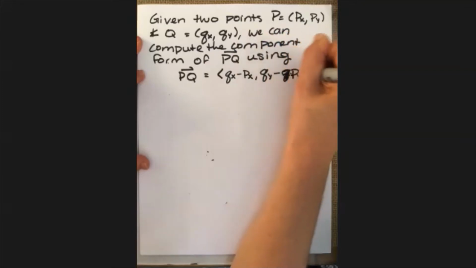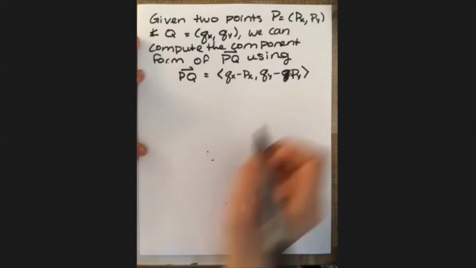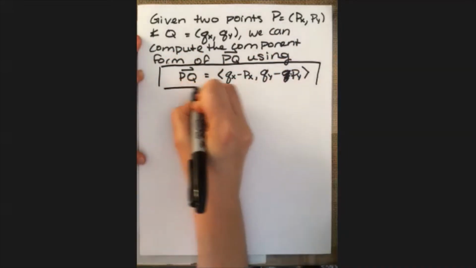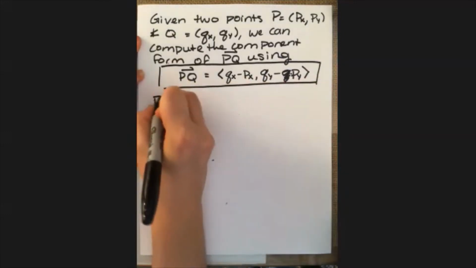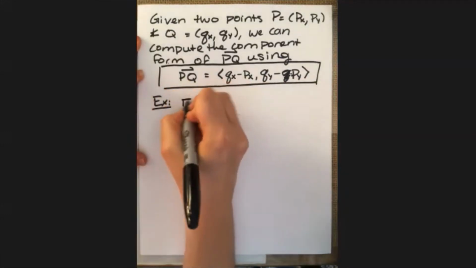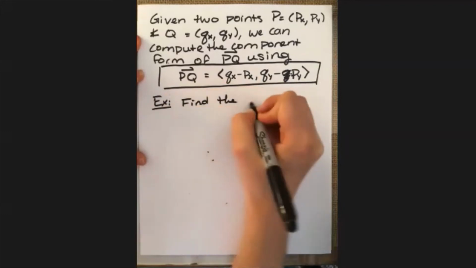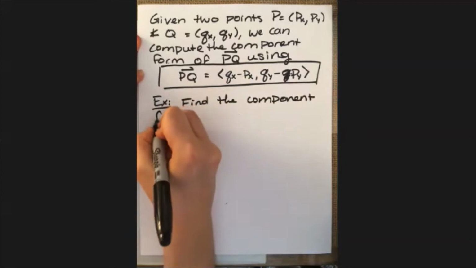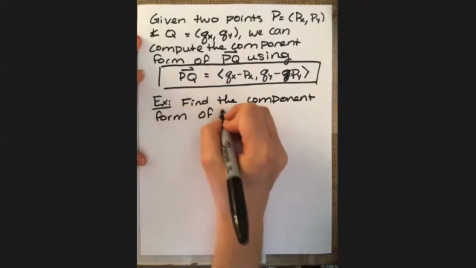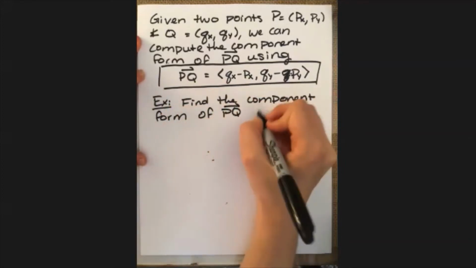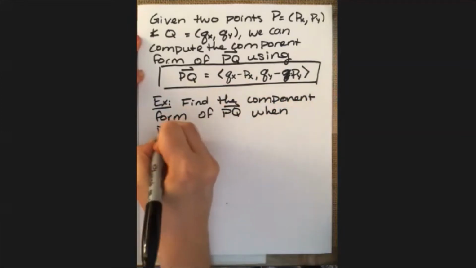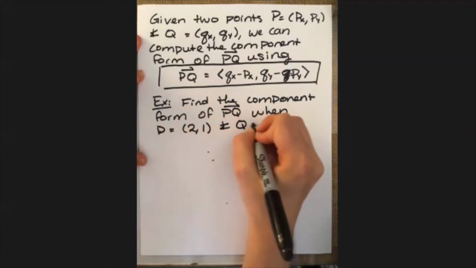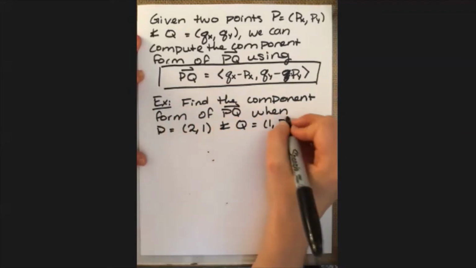That should be a P. There we go. All right. So for example, we're going to find the component form of PQ when P is equal to the point (2, 1), and Q is equal to the point (1, 3).